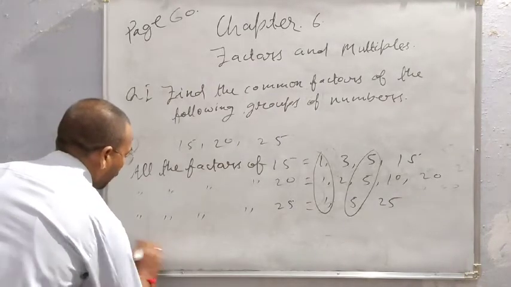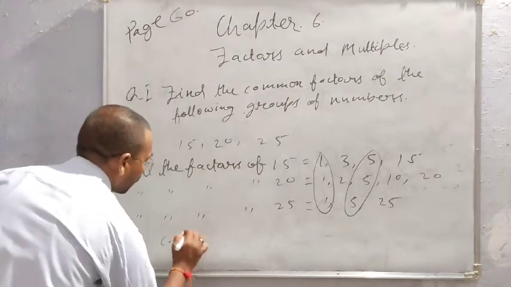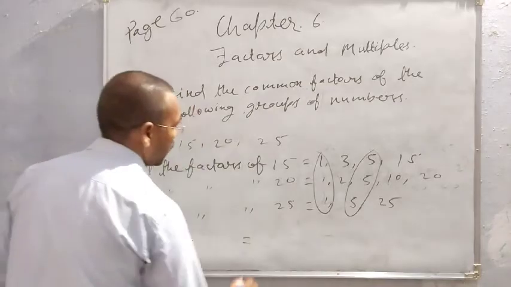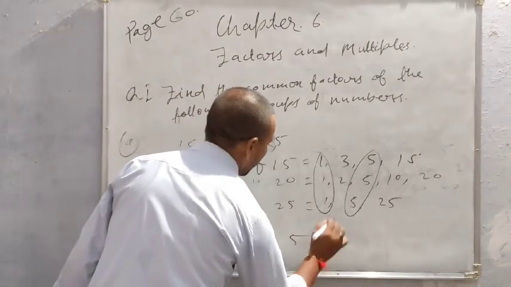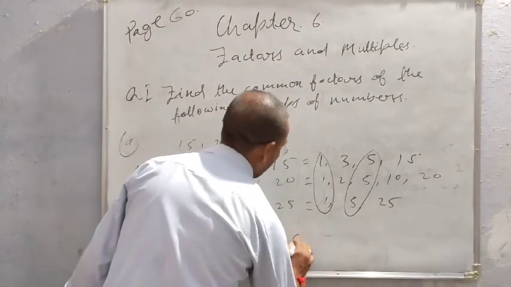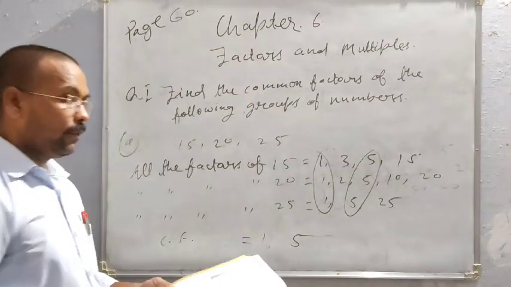So write here CF, the short form of common factors: 1 and 5.